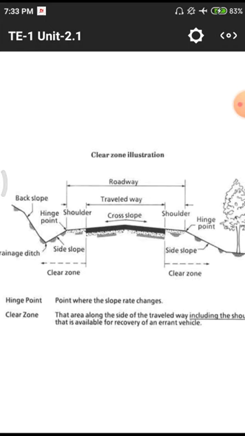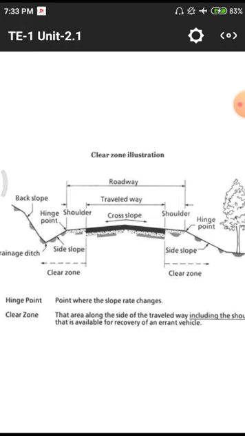And second, on the cross slope we have a traveled way. That means this traveled way is mainly for opponent vehicles. So when we are going on one side, an opponent vehicle also comes near to the vehicle, so this traveled way is for both going vehicles and coming vehicles. And next, on the top of the traveled way we have the roadway with the help of shoulders on both sides.